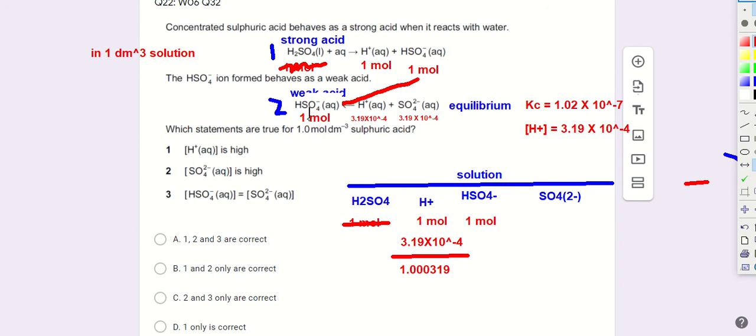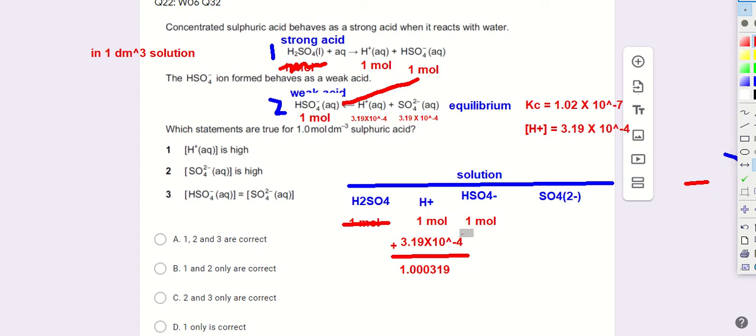Okay, now let's look at hydrogen sulfate ion. Since it releases this much of H plus, this much of hydrogen sulfate ion is dissociated. So here is a plus, and here will be minus.